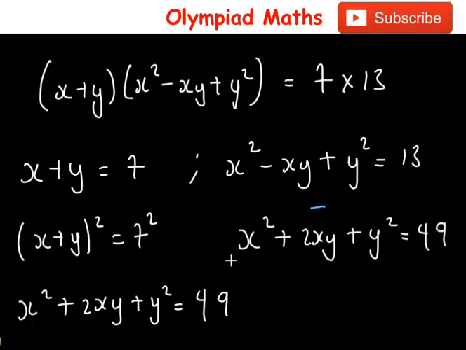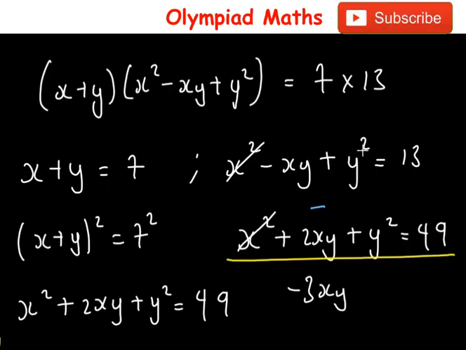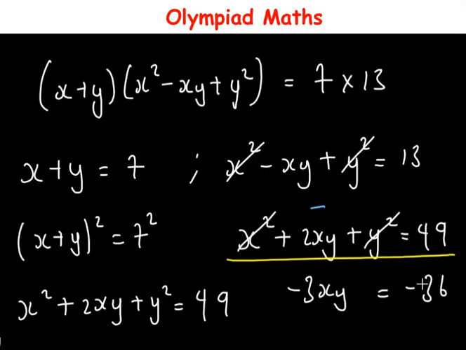And subtracting these two values, x squared minus x squared is 0, so it will cancel out. Then minus xy minus plus 2xy, the value is minus 3xy. Y squared minus plus y squared will cancel out, and this equals 13 minus 49. The value is minus 36.